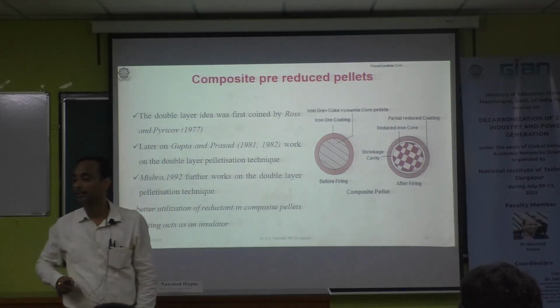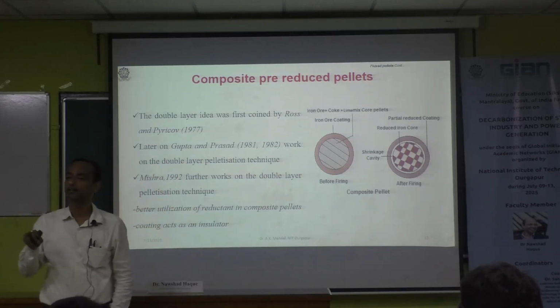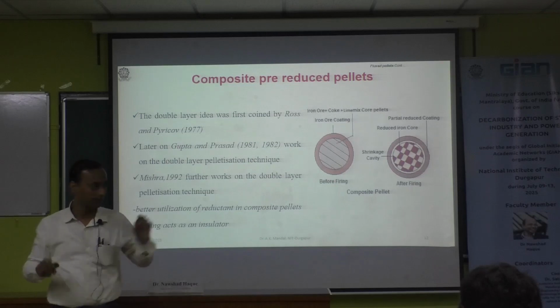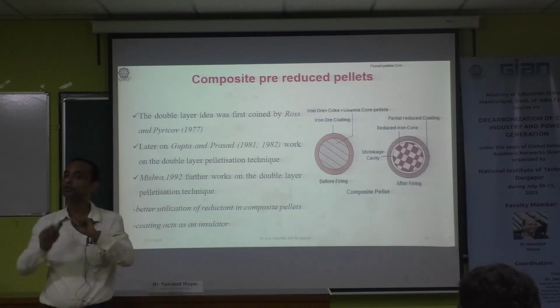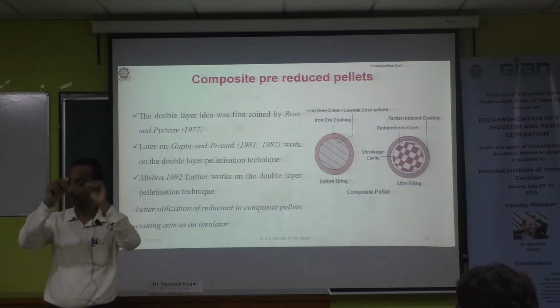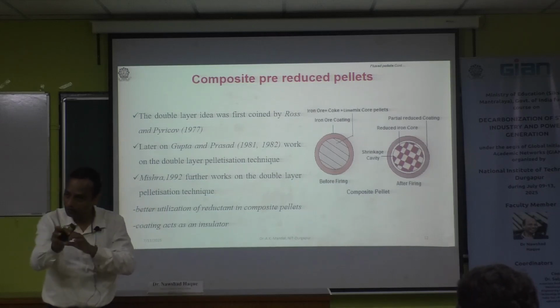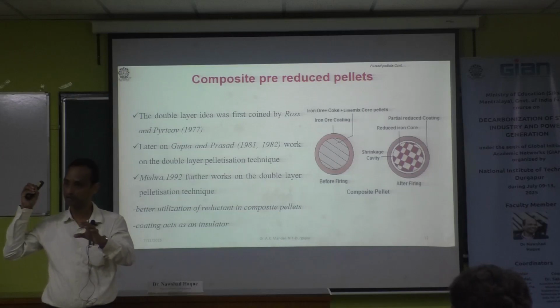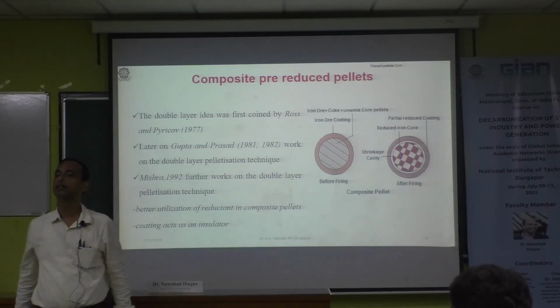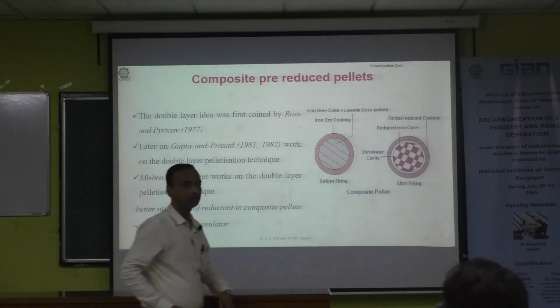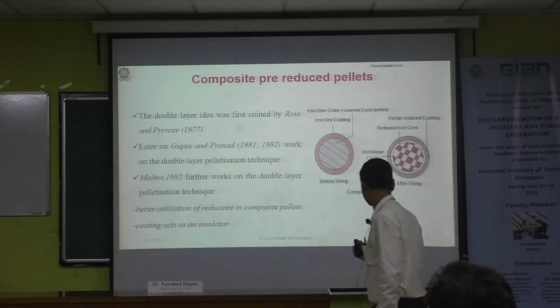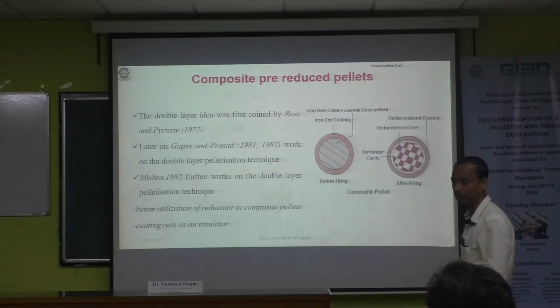So a lot of coated pellets are developed, not only coating with iron, but coating with carbon, sometimes coating with lime. Sometimes lime is incorporated inside the core, sometimes lime and carbon are incorporated inside the pellet. So here the coating mechanism is like iron ore coating.